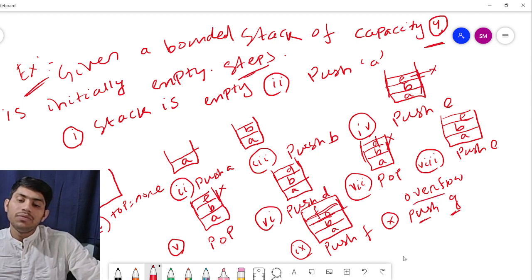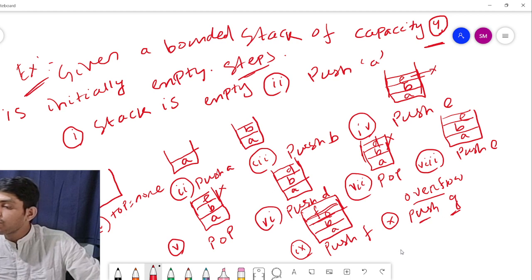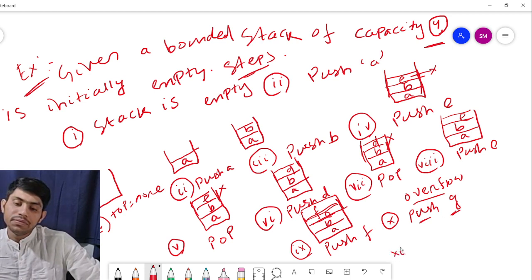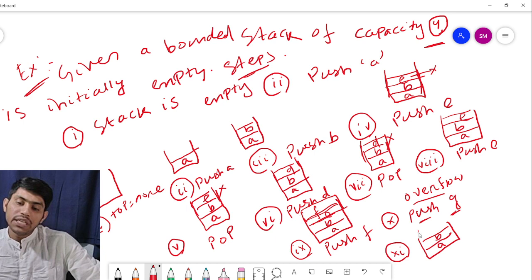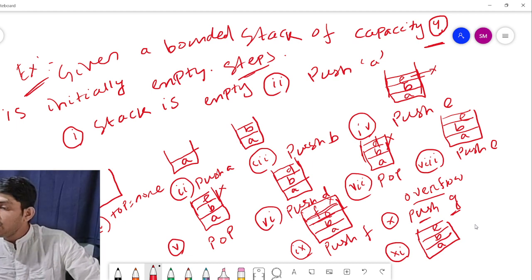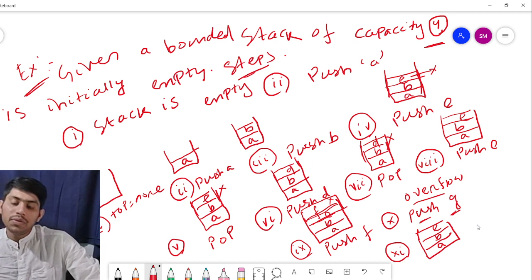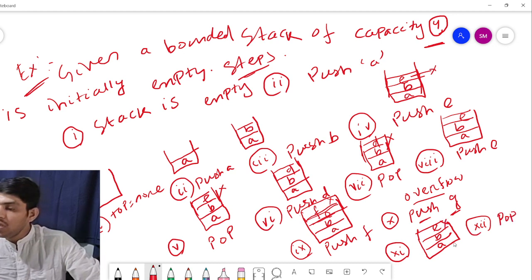So overflow. Then in the 11th, pop. Pop means who will be removed? F. So A, B and E will be present. F will be removed in the 11th part. Then in the 12th part, again pop, and E will be removed.